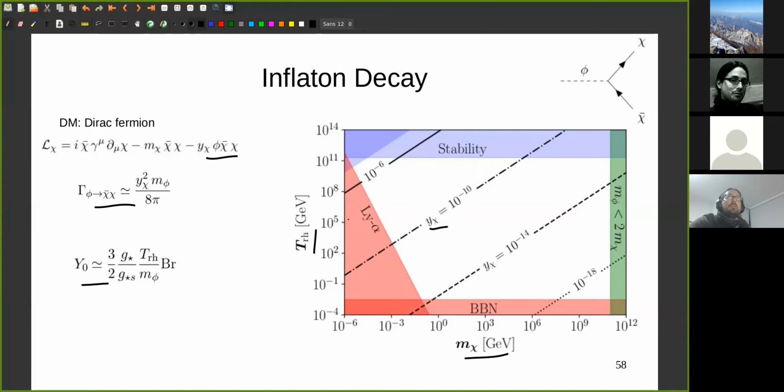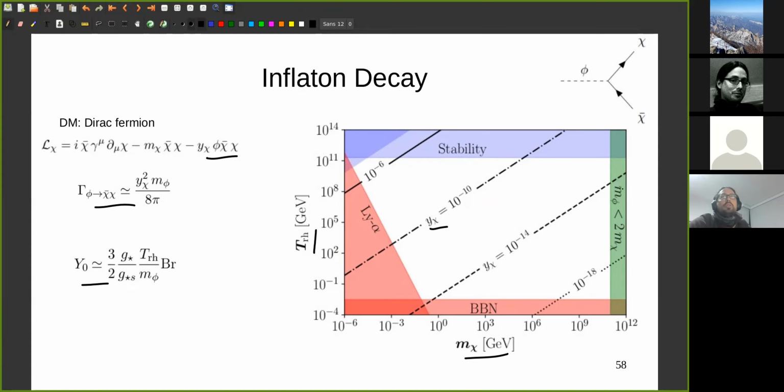One interesting point is that you can produce the whole dark matter abundance for basically all dark matter masses, from very light dark matter in the MeV or keV ballpark up to masses as high as the inflaton mass. Remember that here the inflaton mass is not a free parameter anymore. It will depend on where the inflection point takes place.